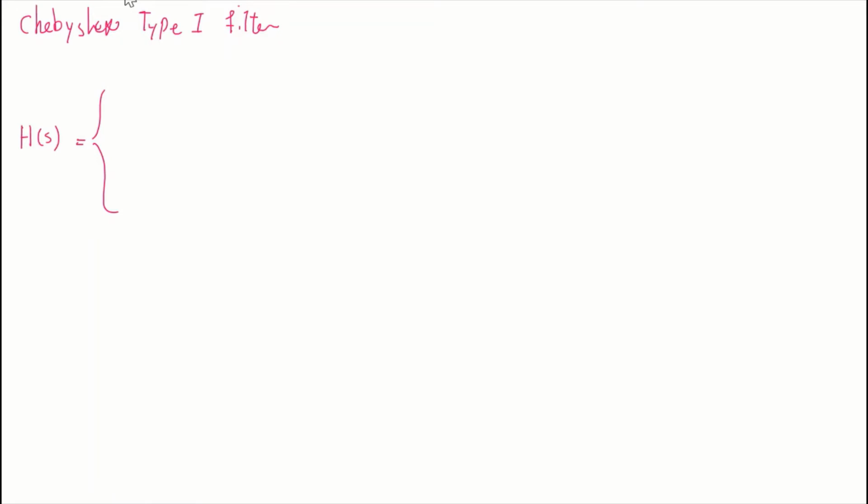It is minus P1 times P2 times P3 times Pn over (S minus P1)(S minus P2)...(S minus Pn) for the case n is odd.